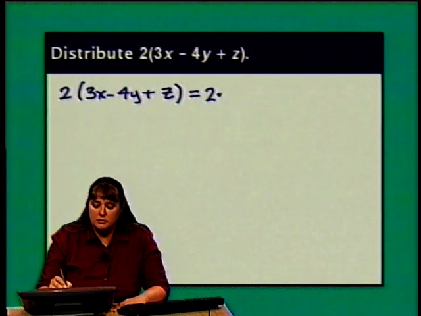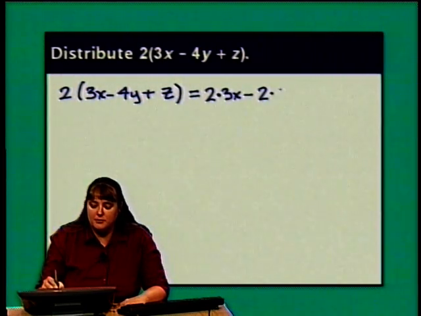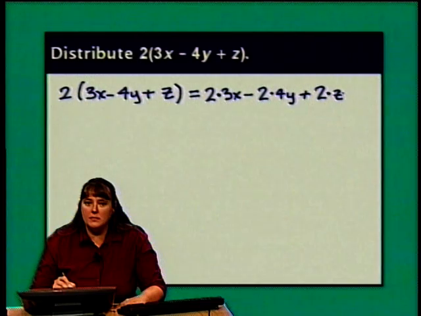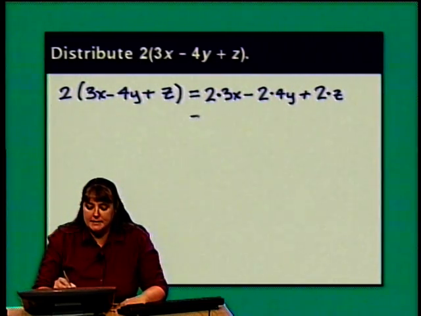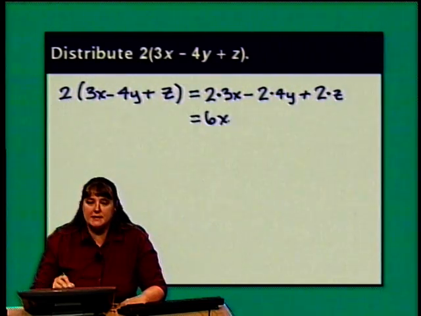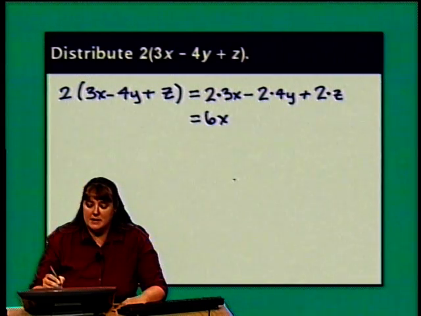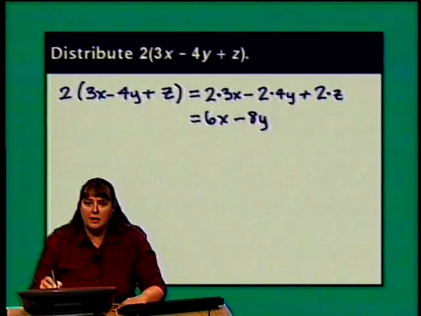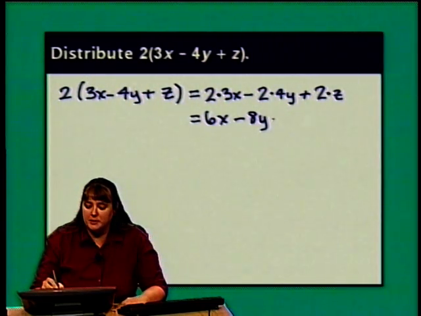So I would have 2 times 3x minus 2 times 4y plus 2 times z. 2 times 3 is 6, so my first term is 6x. 2 times 4 is 8, so my second term is minus 8y. And 2 times z we can just write as 2z without the multiplication symbol.